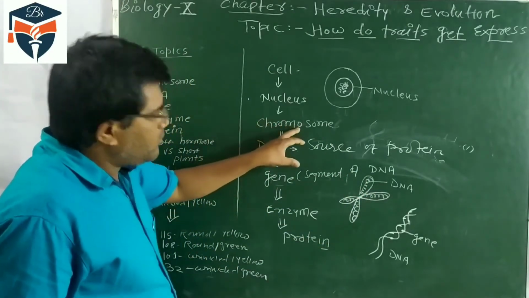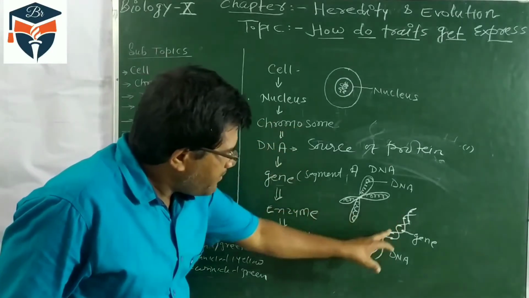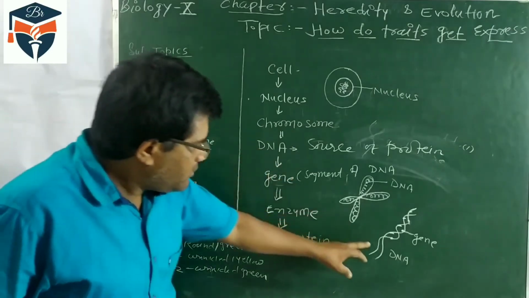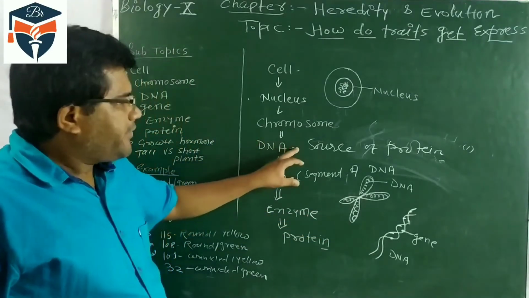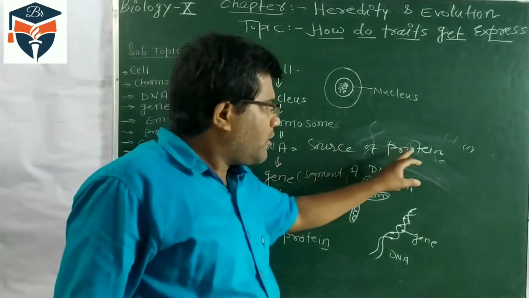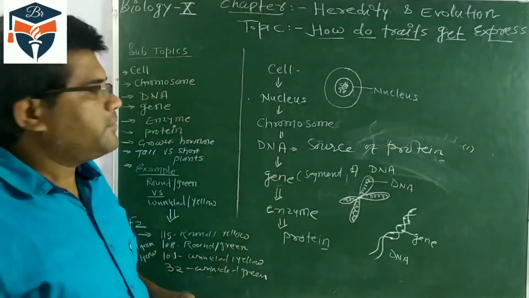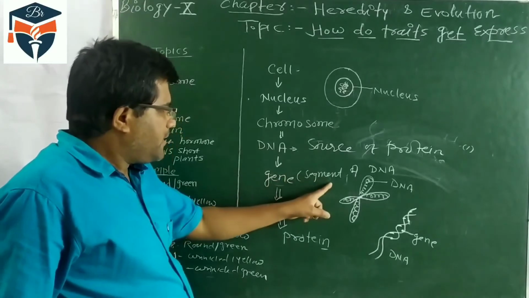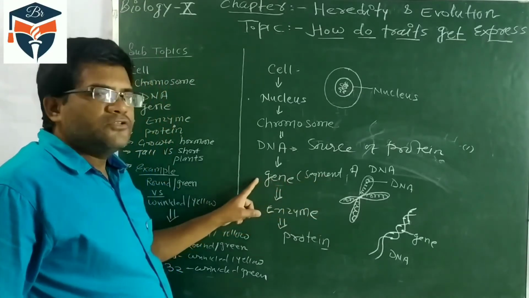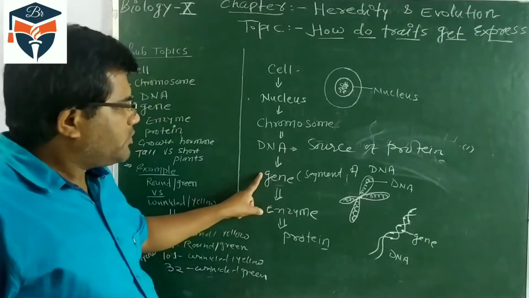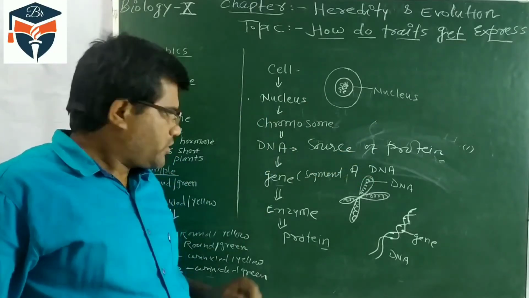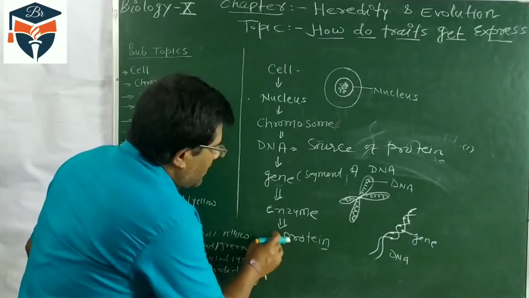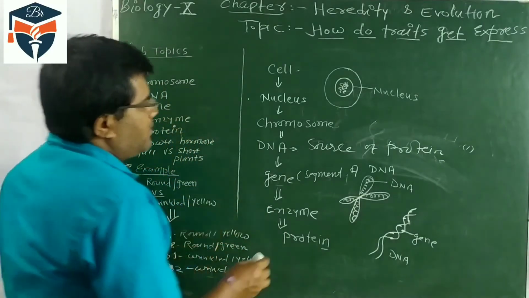Each chromosome contains a spiral helical structure, and this is called the DNA. DNA is a source of protein. A segment of DNA is called a gene. Genes synthesize the protein, and each gene synthesizes an enzyme, and this enzyme is a protein.